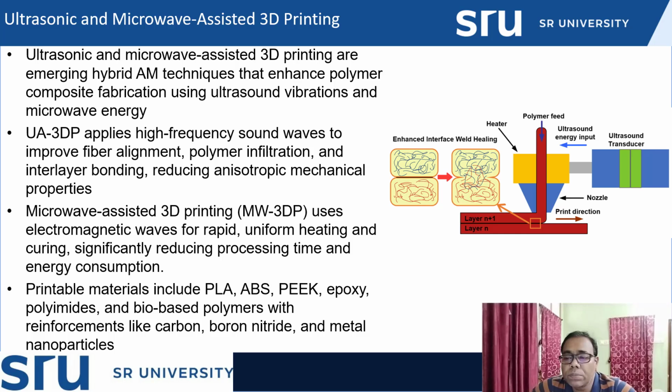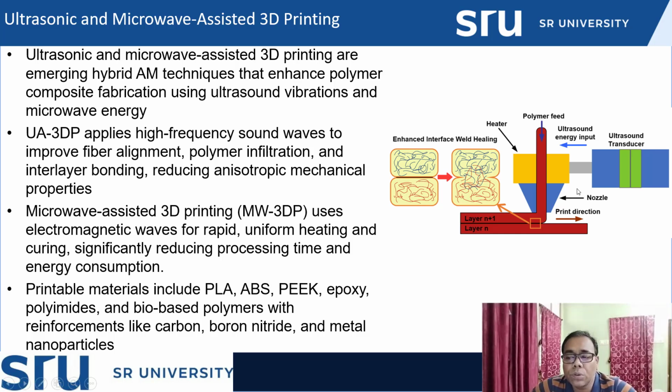So this will increase the interlayer bonding strength, which will lead to higher mechanical properties or material properties after the manufacturing process. In this process one can use the FDM process, one can use the DLP technique, similarly one can use other techniques also.